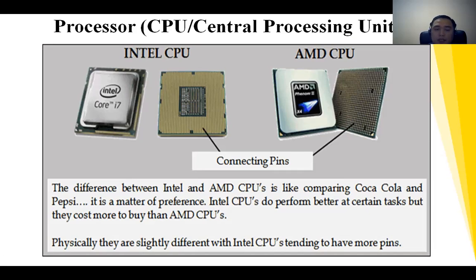It is a matter of preference. Intel CPUs do perform better at certain tasks, but they cost more to buy than AMD CPUs. Physically, they are slightly different, with Intel CPUs tending to have more pins.